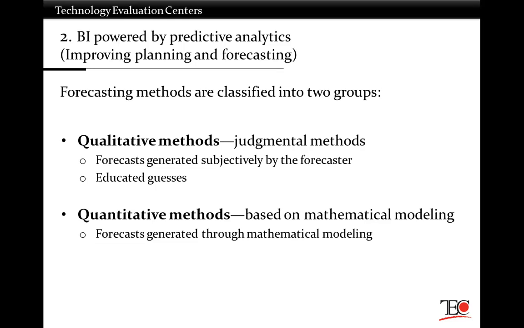We can use judgments, causal factors, surveys, or even research and analogies. On the contrary, quantitative forecasting models are used to forecast future data as a function of past data and applying mostly mathematical techniques. This is the one we are more interested in because of the use of predictive analytics functions.